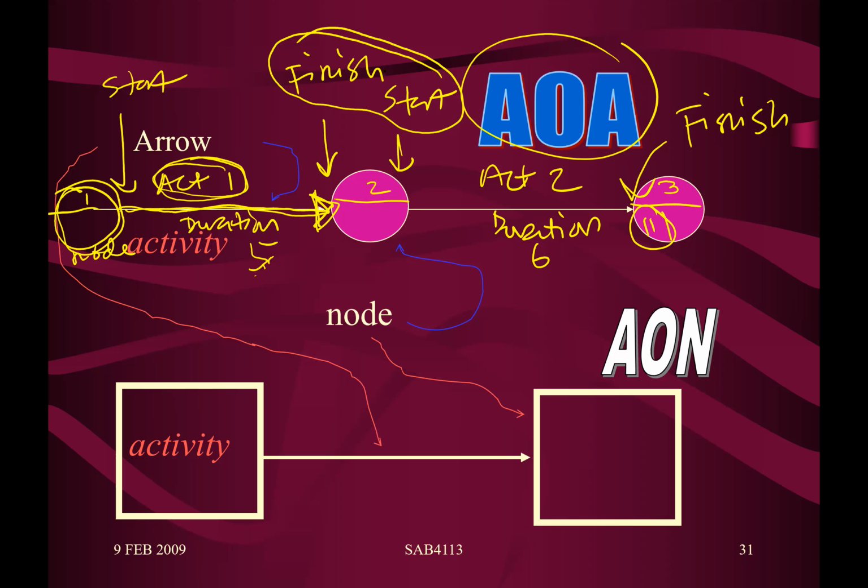Based on that concept, the AOA diagram is the diagram that uses only the finish to start relationship, from the beginning of the diagram until the end of the diagram. But the PDM diagram has 4 types of relationship.